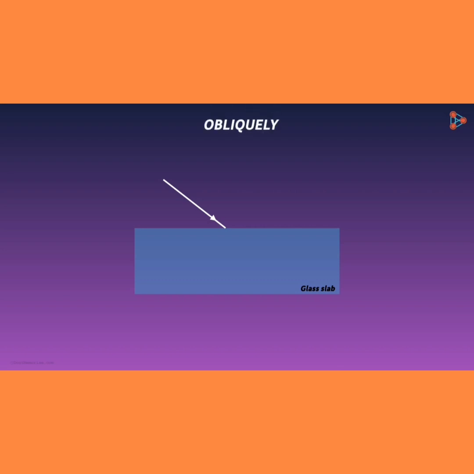What do I mean when I say obliquely? It means slant. It implies that the incident ray is neither parallel nor at a right angle to a specified line. Now this light will bend at the boundary of the two media. Here, the two media are air and glass. This bending of light at the boundary of the two media is what we call refraction of light.